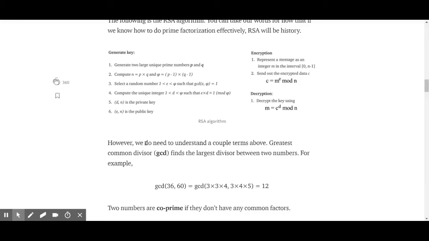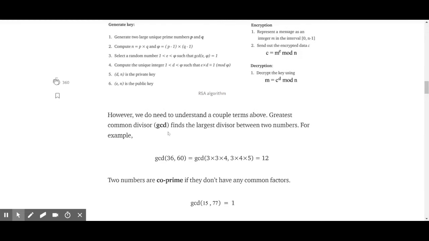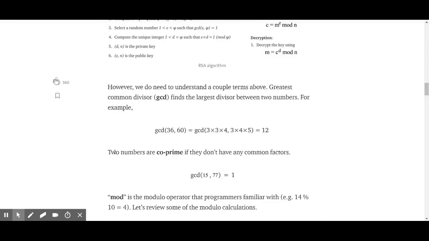However, we do need to understand a couple of terms above. GCD finds the largest divisor between two numbers. For example, for 36 and 60, it's 12. Two numbers are co-prime if they don't have any common factors. So then the GCD is 1.